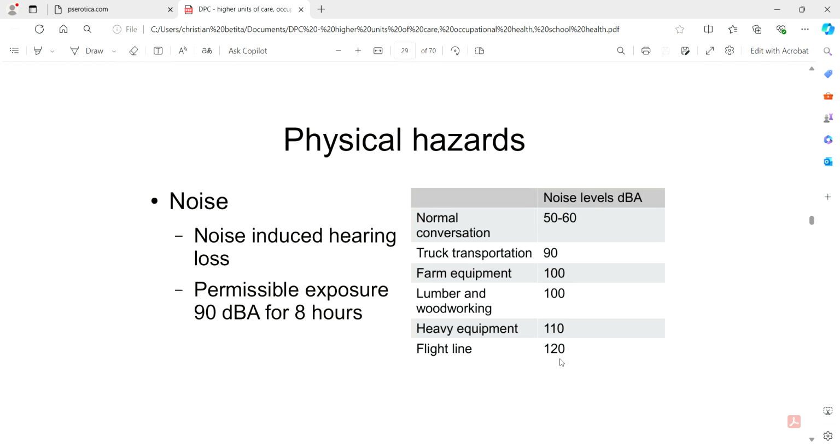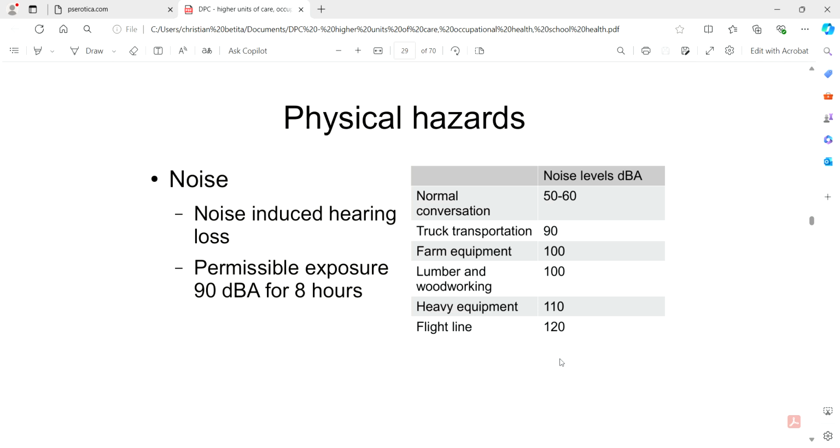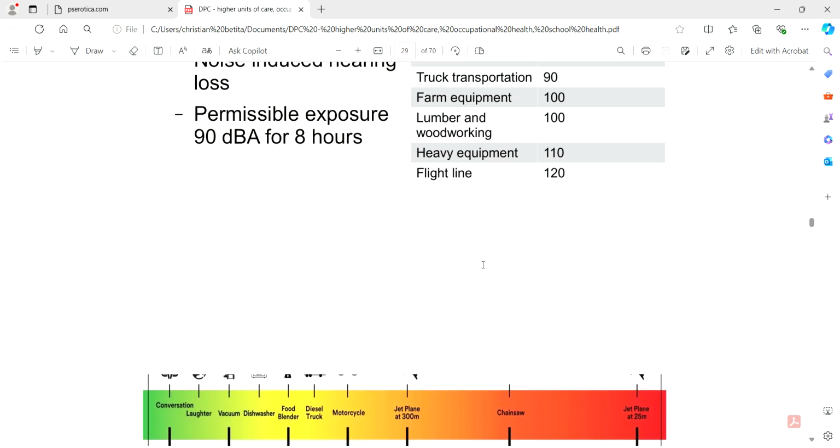So physical hazards would include noise, noise-induced hearing loss. Typically, permissible exposure to noise is about 90 decibels for about 8 hours. These are typical noise levels in decibels for typical sources of noise. Okay.